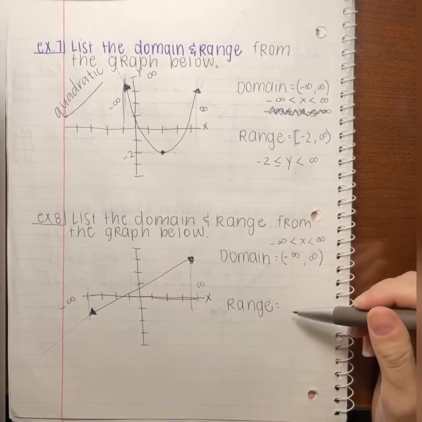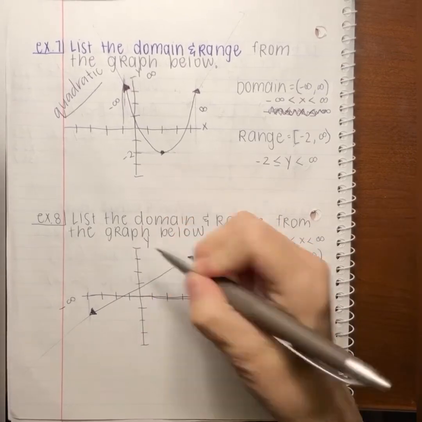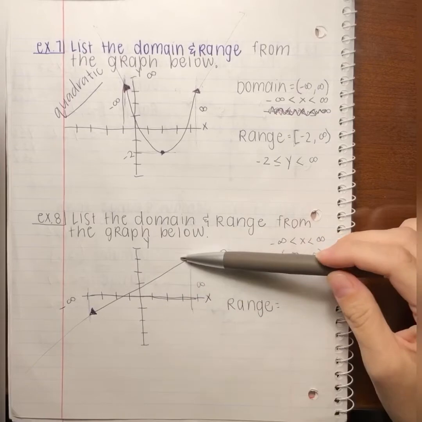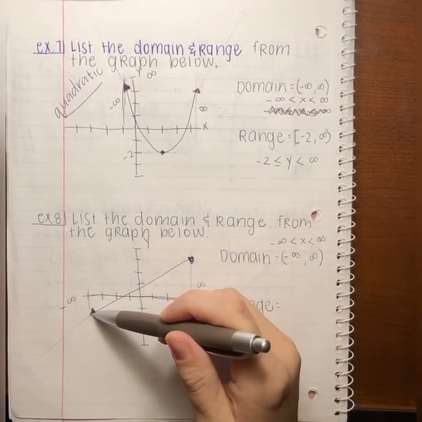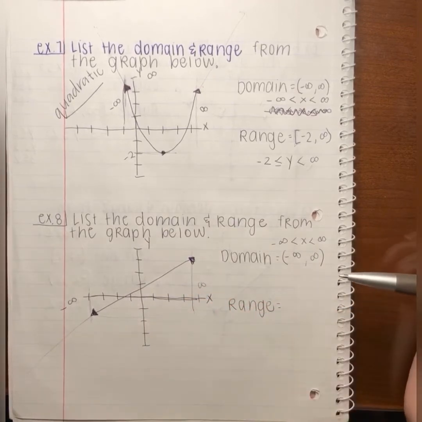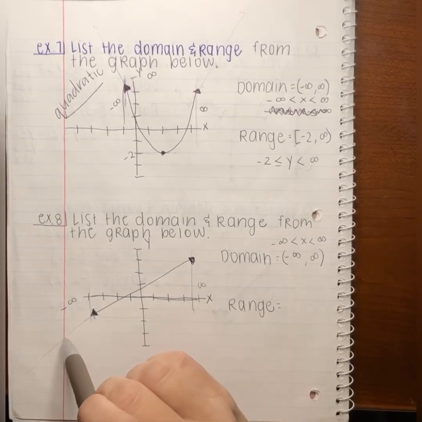And then your range, looking at our y-axis, the lowest point on my function, okay, the smallest value, the arrow stops at about -1.5-ish, okay? But it stops on an arrow, which means it doesn't actually stop. It keeps going.